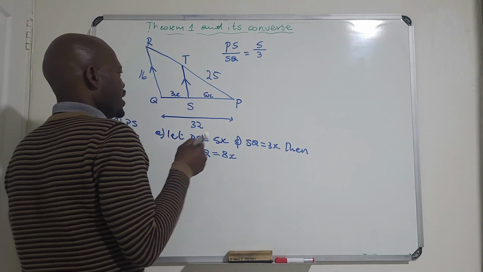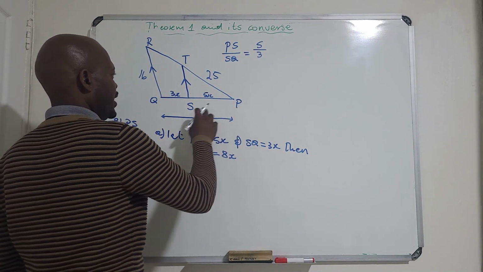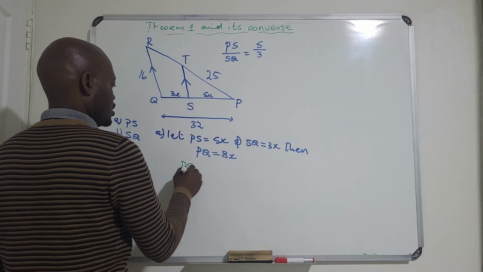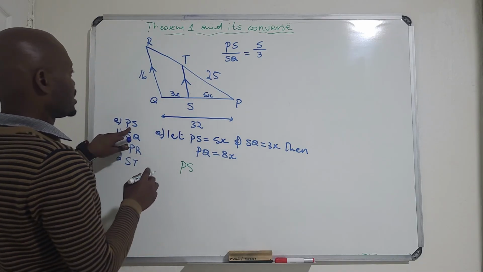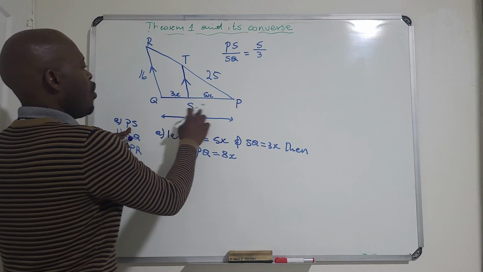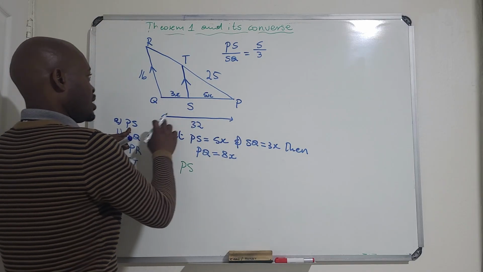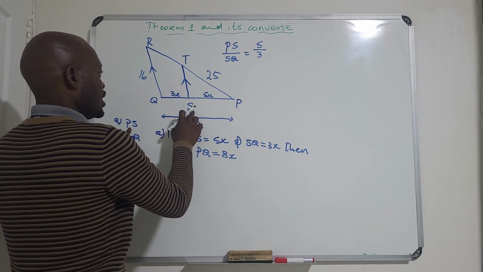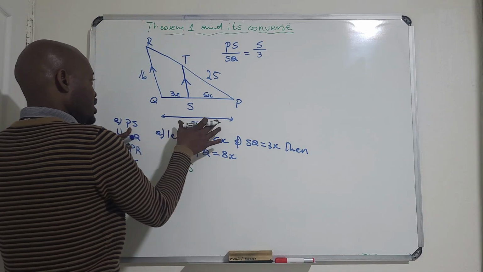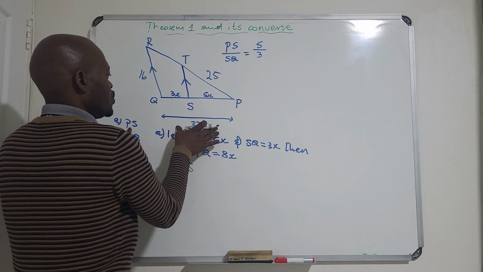Now, we can say PS, what we are looking for, over what we are given, which is 32, the length of PQ.